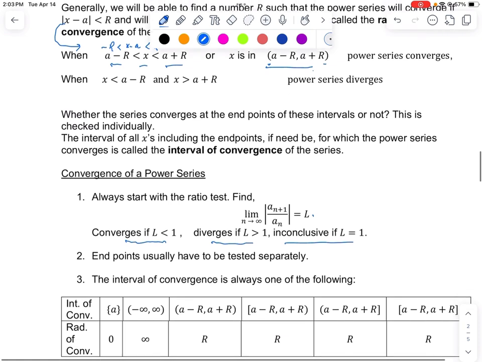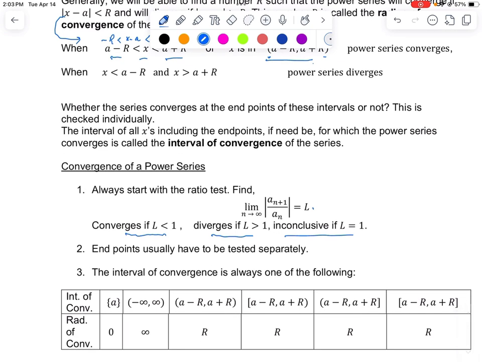Now this is what we were talking about up here: the interval of convergence is always one of the following. Convergence can happen only at a, the one point, and in that case we say the radius of convergence is 0.